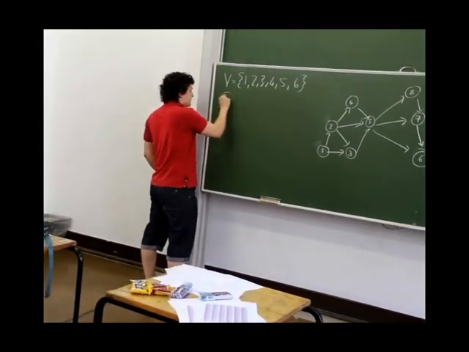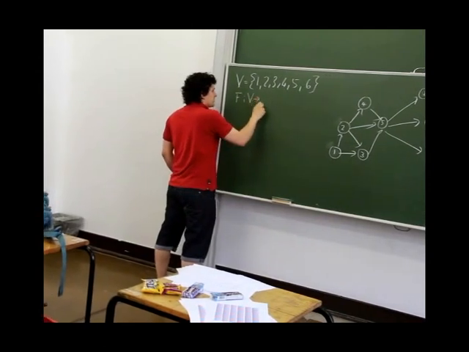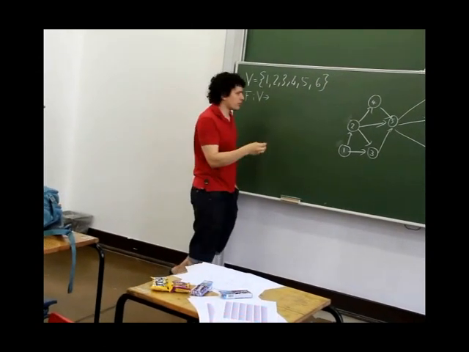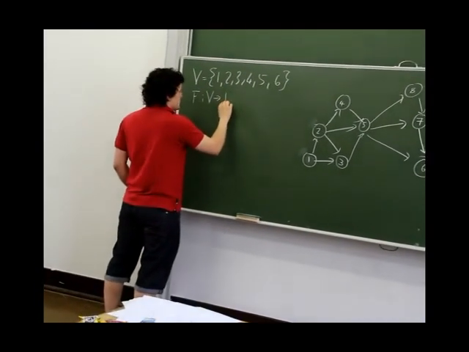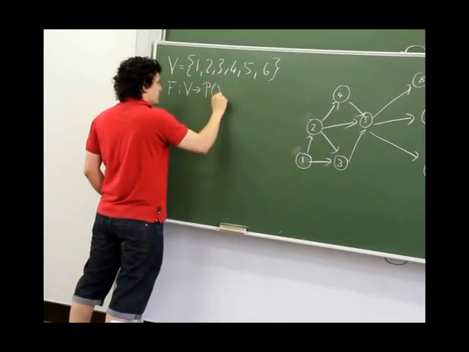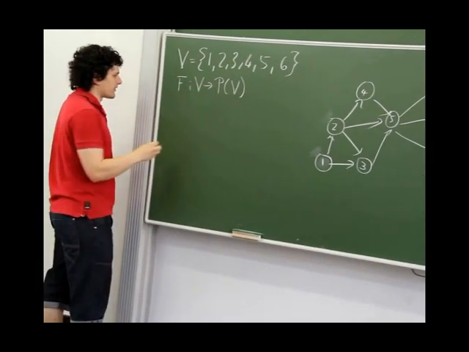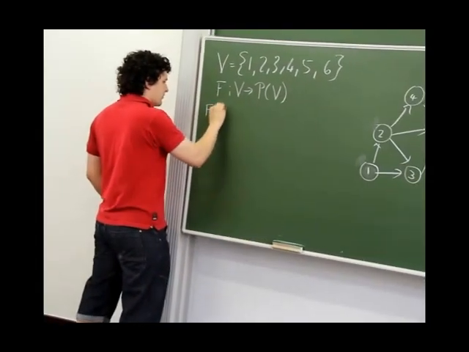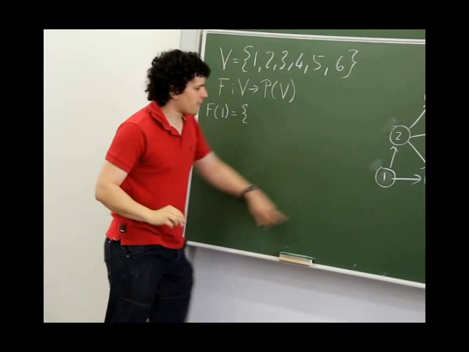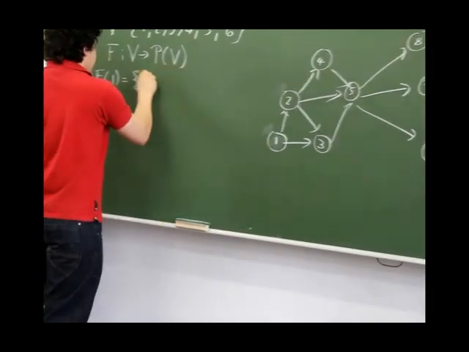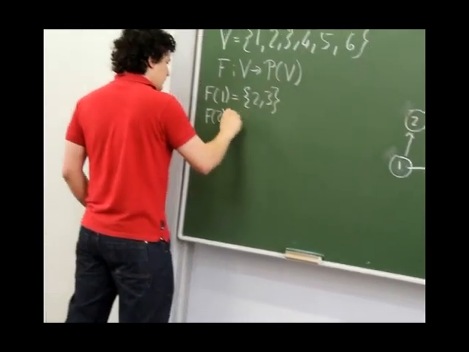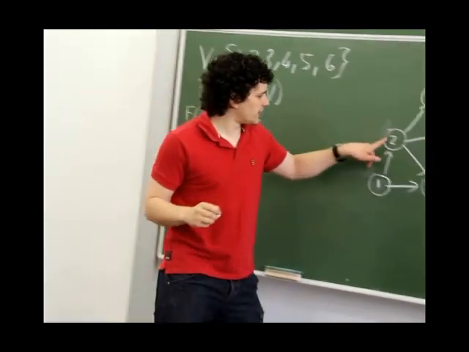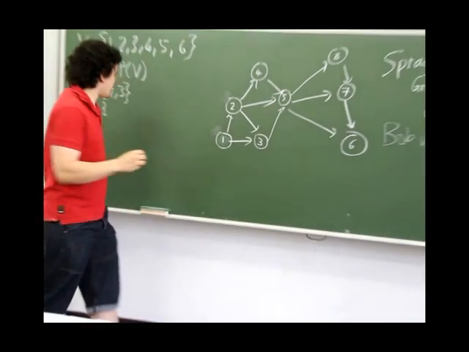So F, which maps the vertex set to a subset of it, essentially the power set, is given by F of 1 is the neighbors of 1, for me 2 and 3. F of 2, that's the neighbors of 2, for me 3, 4, and 5.